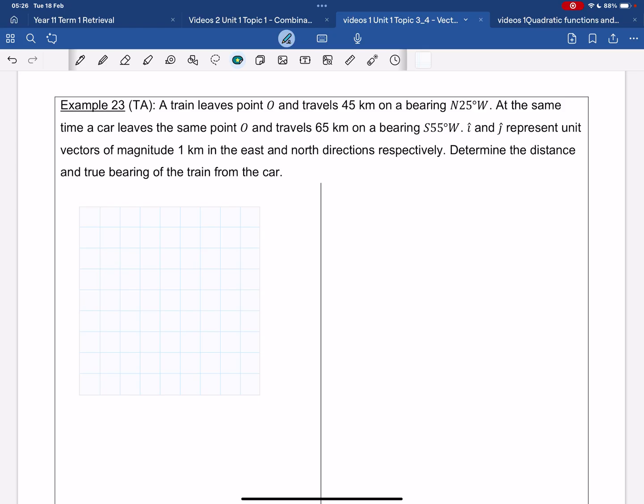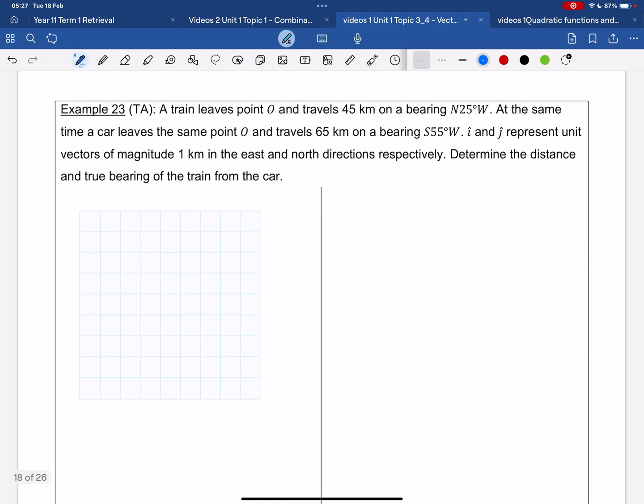So there are a few things here. Firstly, we need our reference axis to tell us where our positive I and J components are, and we need to acknowledge that we know where north, south, east, and west are.